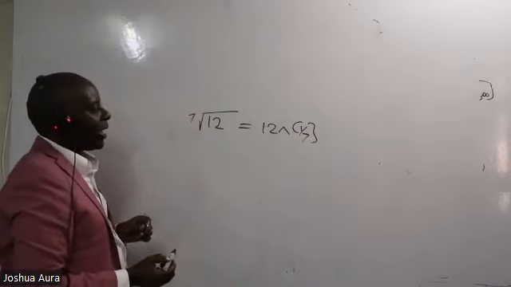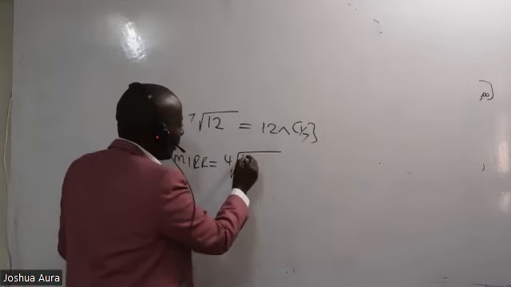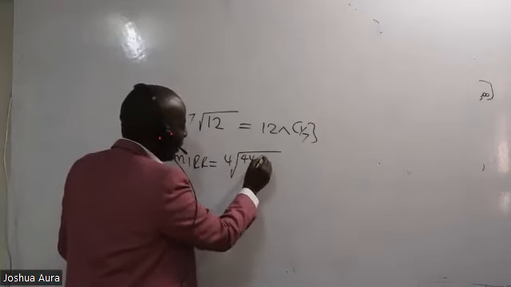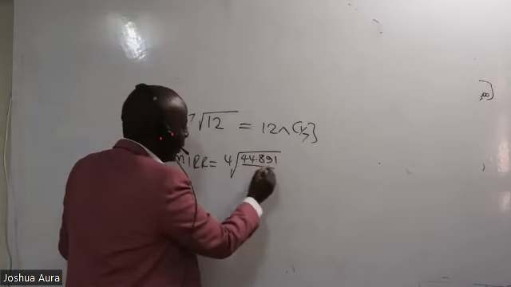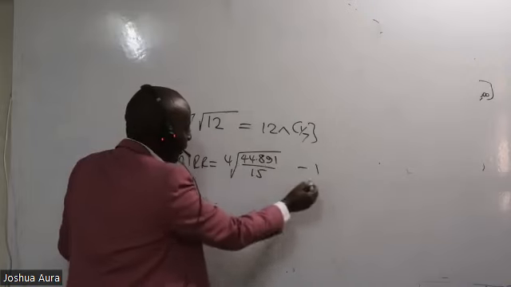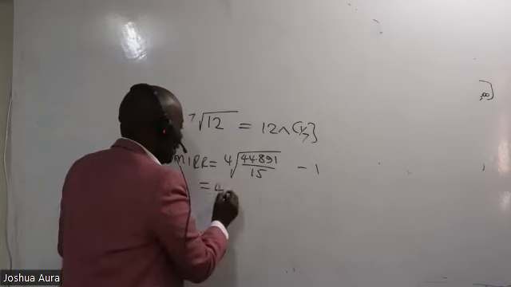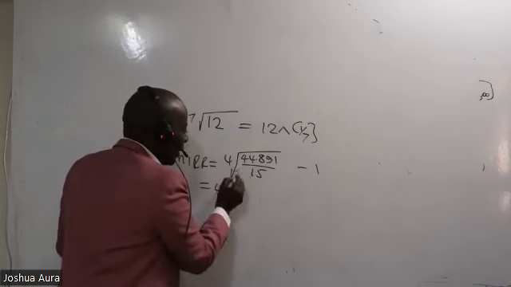Now, let us go back to our MIRR. How was our MIRR written? It was the 4th root of 44.891 over 15, minus 1, isn't it? Please give me this quotient.